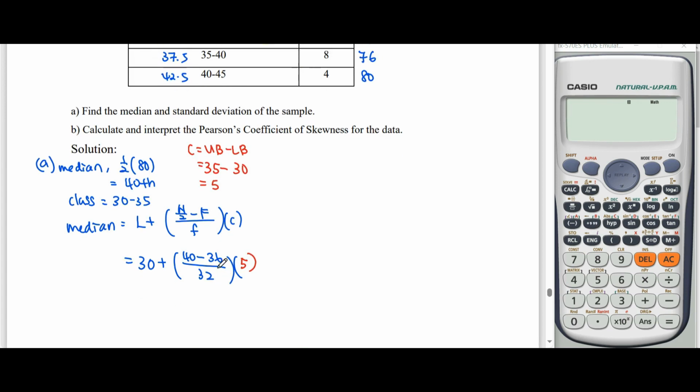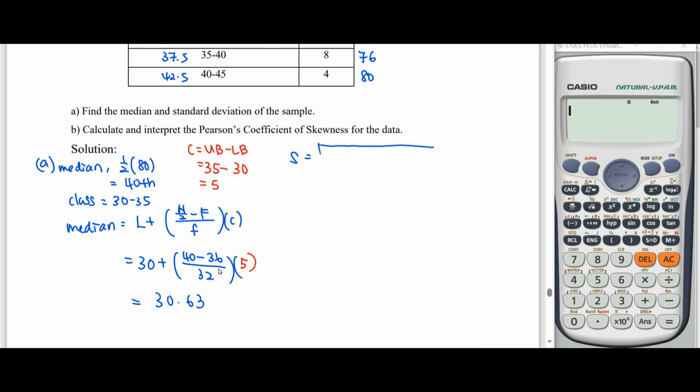So we evaluate this median. It gives us 30.63. Then we continue with the standard deviation of grouped data.